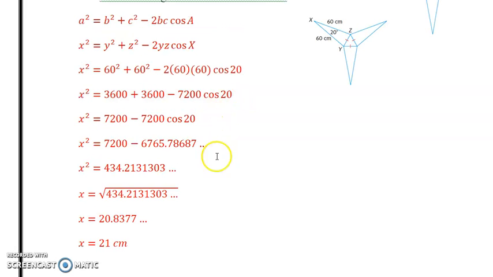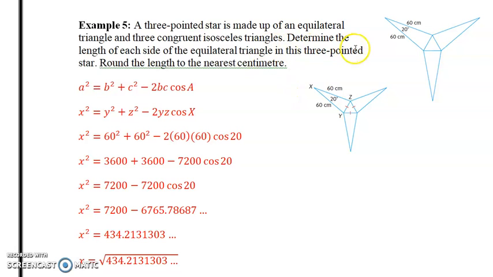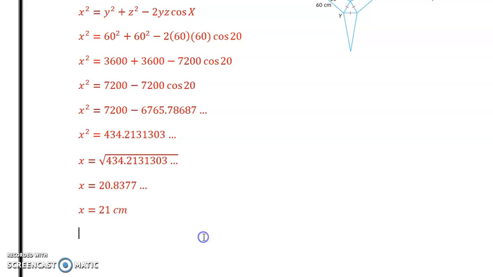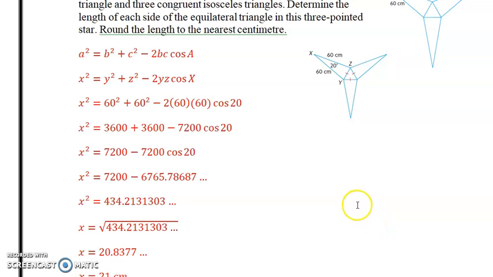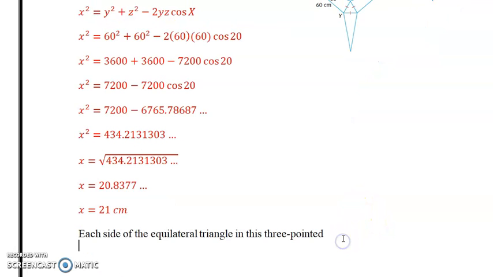All right, so that means that each side of the equilateral triangle in the three-pointed star is 21 centimeters.